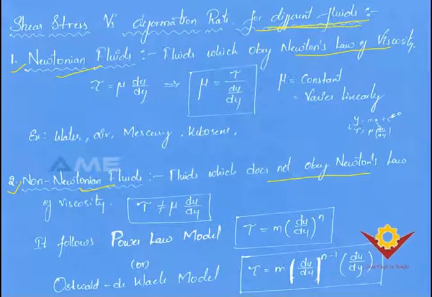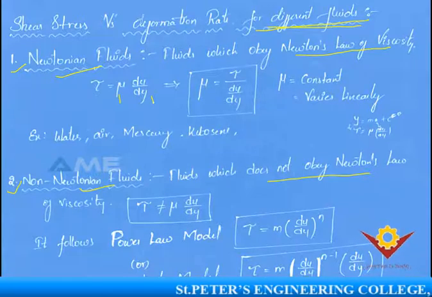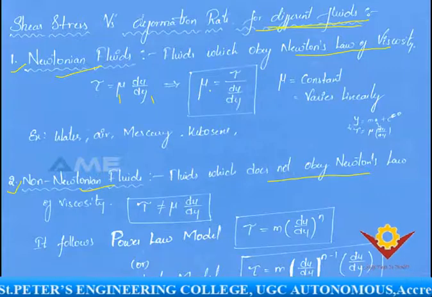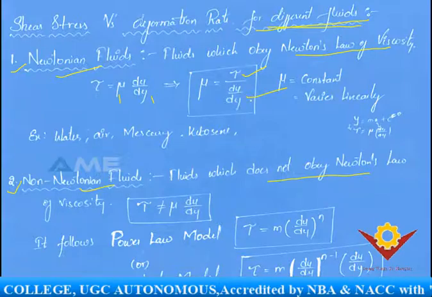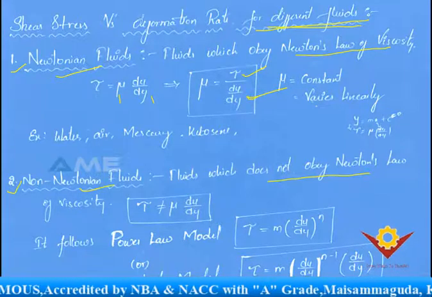And coming to the Newtonian fluids, tau is equal to mu du by dy, where mu equals dynamic viscosity, and du by dy is the velocity gradient or rate of shear strain or deformation rate. And the next, mu equals tau divided by velocity gradient, right? Shear stress divided by velocity gradient. Here mu is constant and it varies linearly.